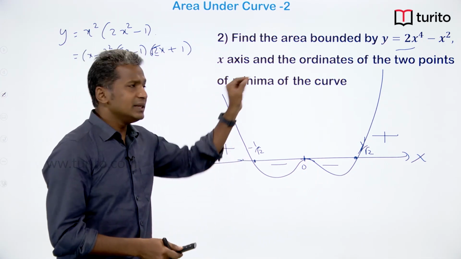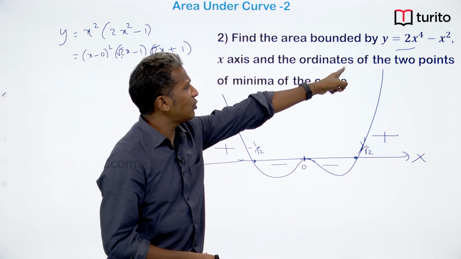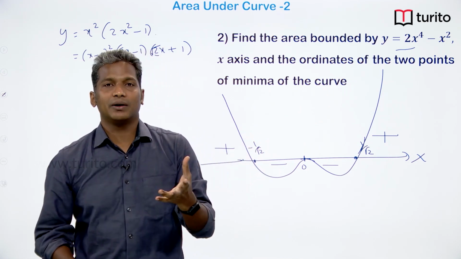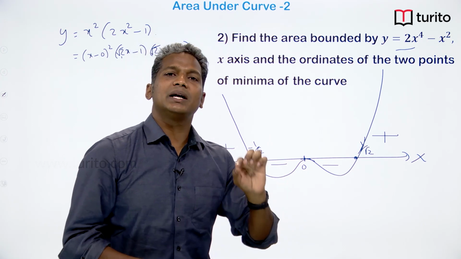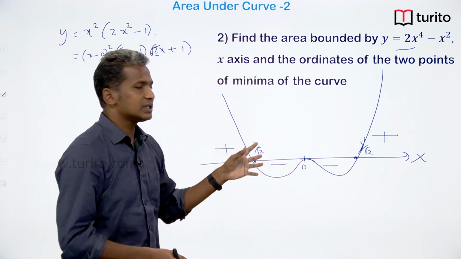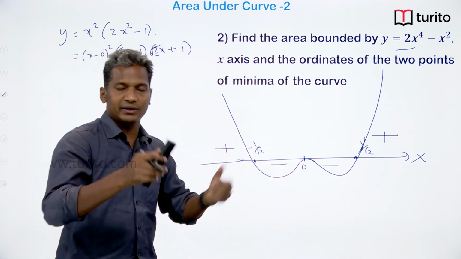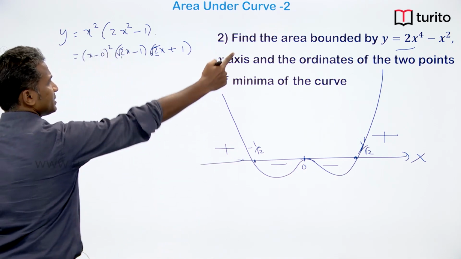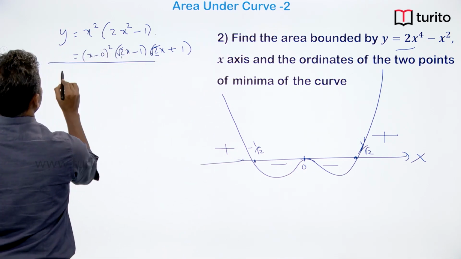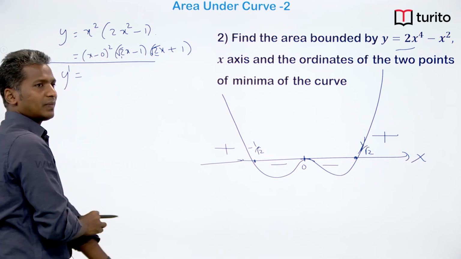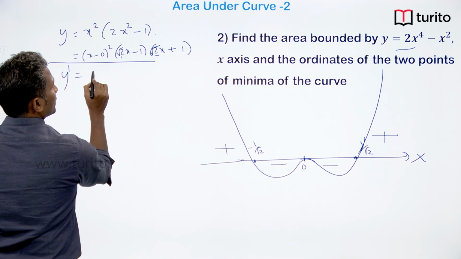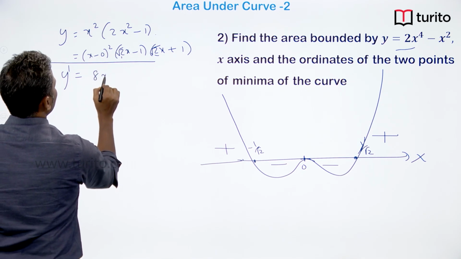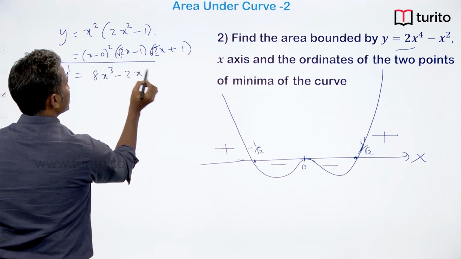Now, in the question we are interested in the ordinates of the points of minima. We have to differentiate anyway, but this discussion will also be supported by the derivative. Suppose I take the derivative, y dash. y dash will be 8x cube minus 2x.